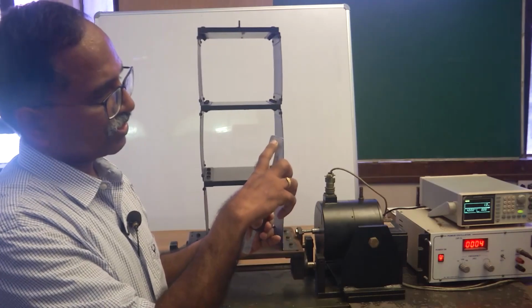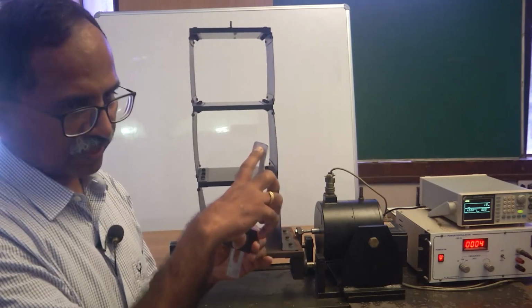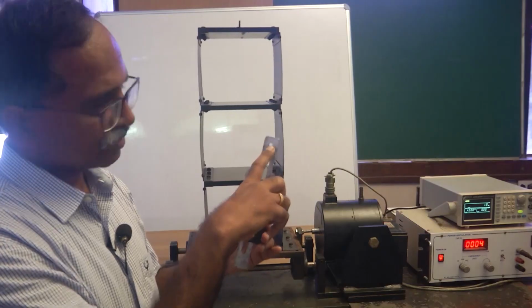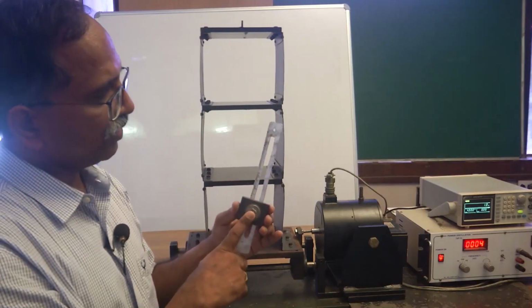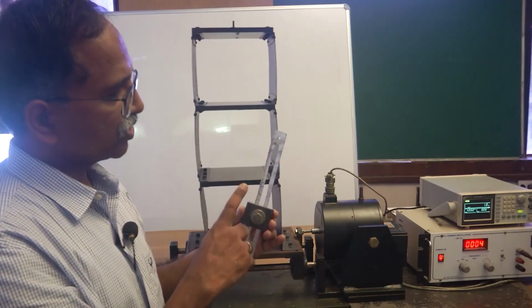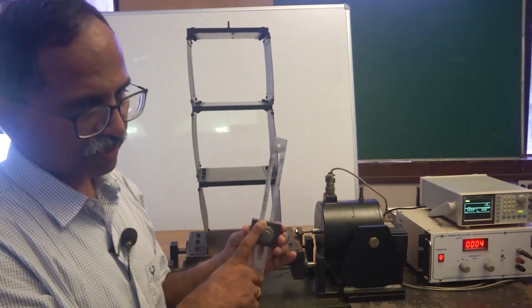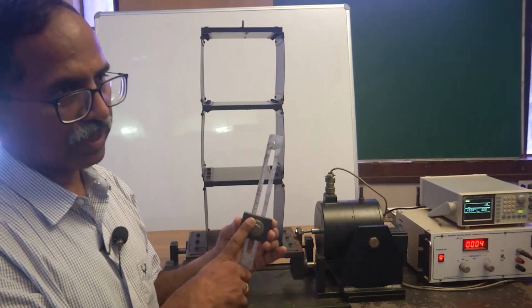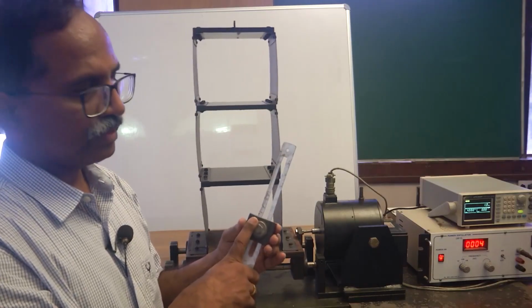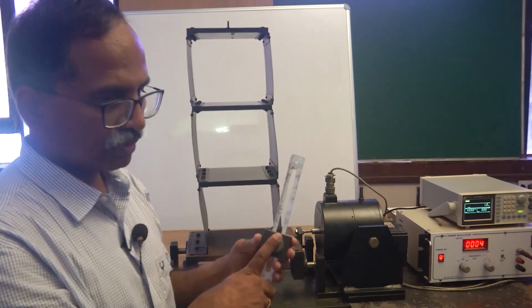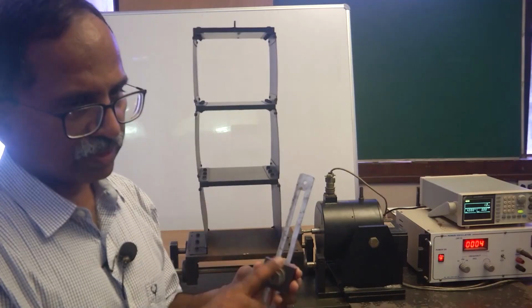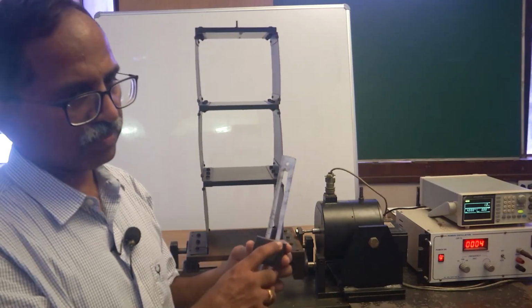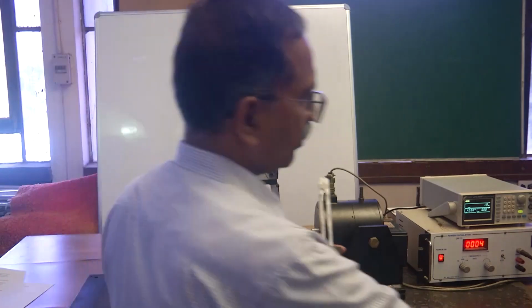We have measured this distance, and this distance has been adjusted to roughly about 14.4 centimeters. With 14.4 centimeters, the natural frequency, all of you are aware, for a simple pendulum is square root of g by L, and if you work this out, the L corresponding to 1.3 hertz turns out to be 14.4 centimeters.